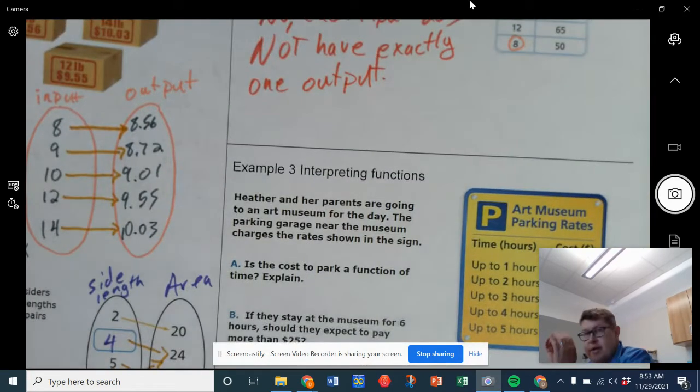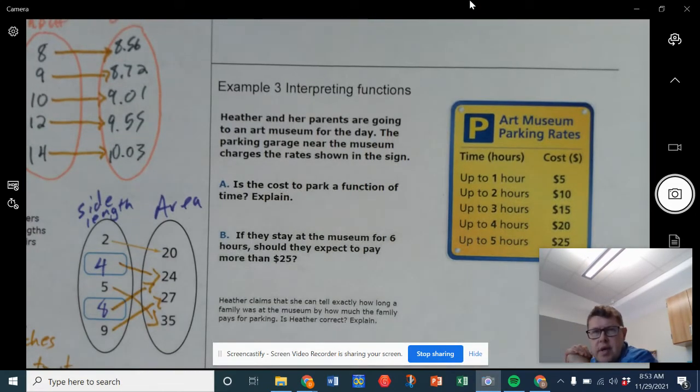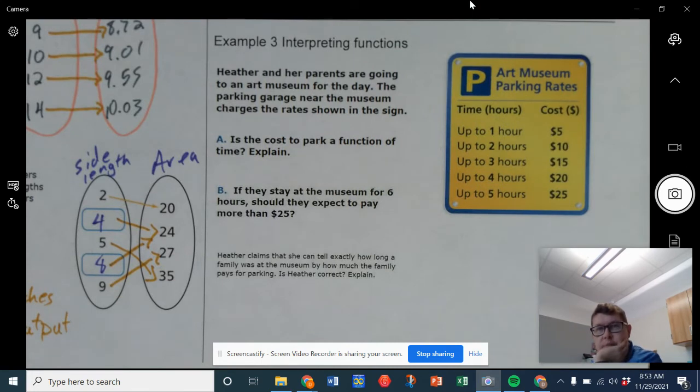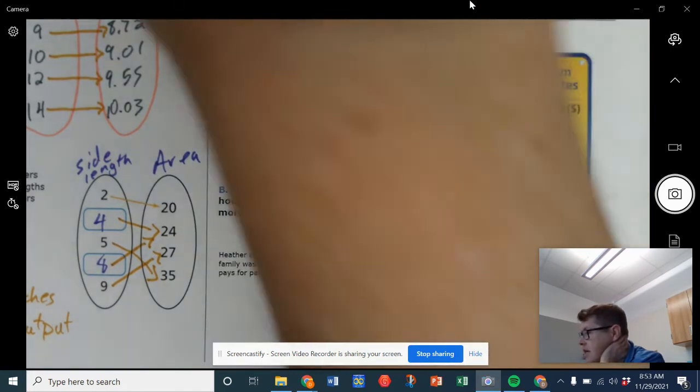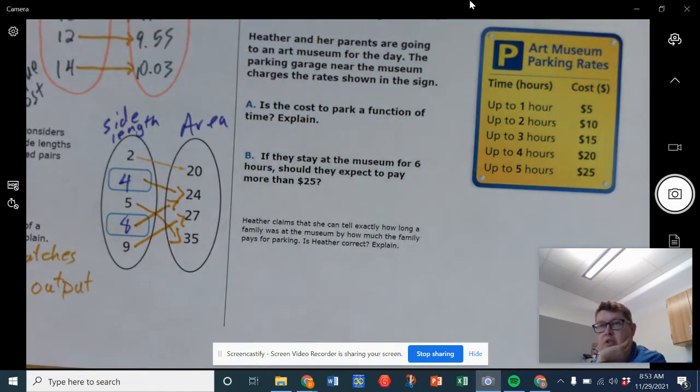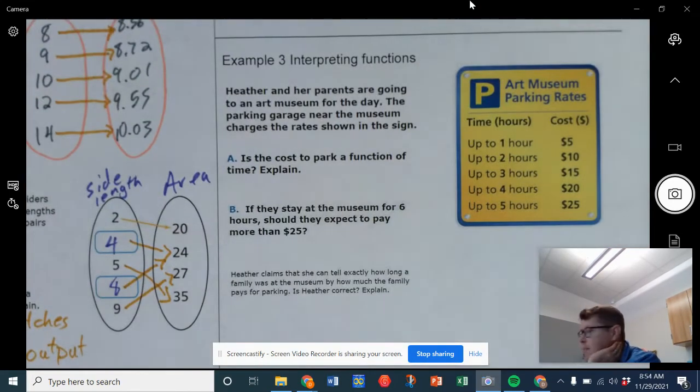Okay, interpreting functions. Heather and her parents are going to an art museum for the day. The parking garage near the museum charges the rates shown in the sign right here. Is the cost to park a function of time? Well, let's see. When problems ask a question like that, they are looking for that repeat of x values.